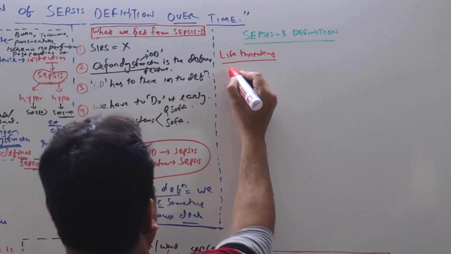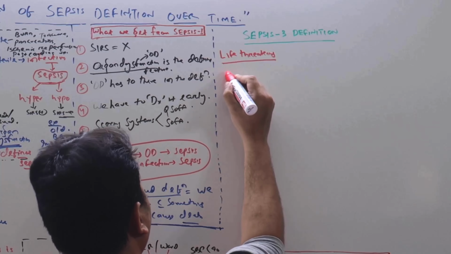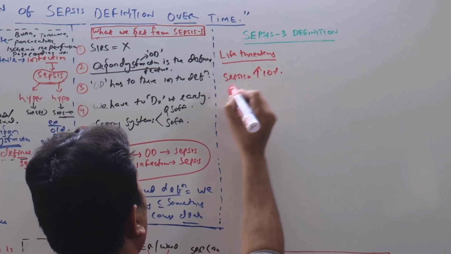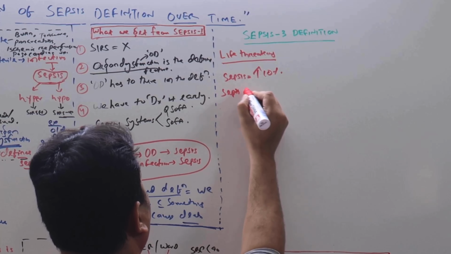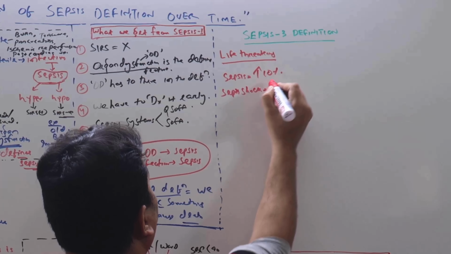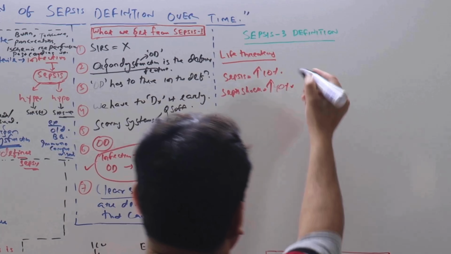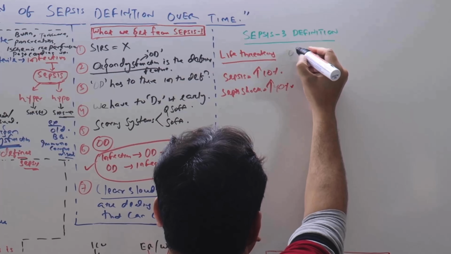Why life-threatening? Because once you diagnose sepsis, mortality increases by 10%. Once sepsis progresses to septic shock, mortality increases to 50%.